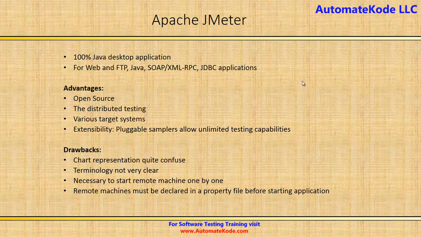Advantages: open source, distributed testing, various target systems, extensibility, pluggable samplers allow unlimited testing capabilities. You can build your load generators, and in your load generator you can use JMeter. You use Java for scripting. Drawbacks: chart representation is quite confusing when you are analyzing.